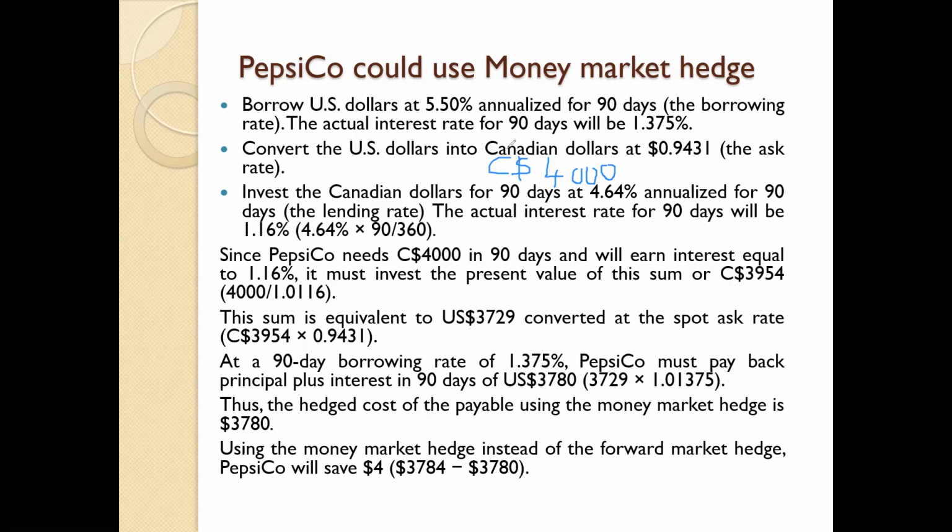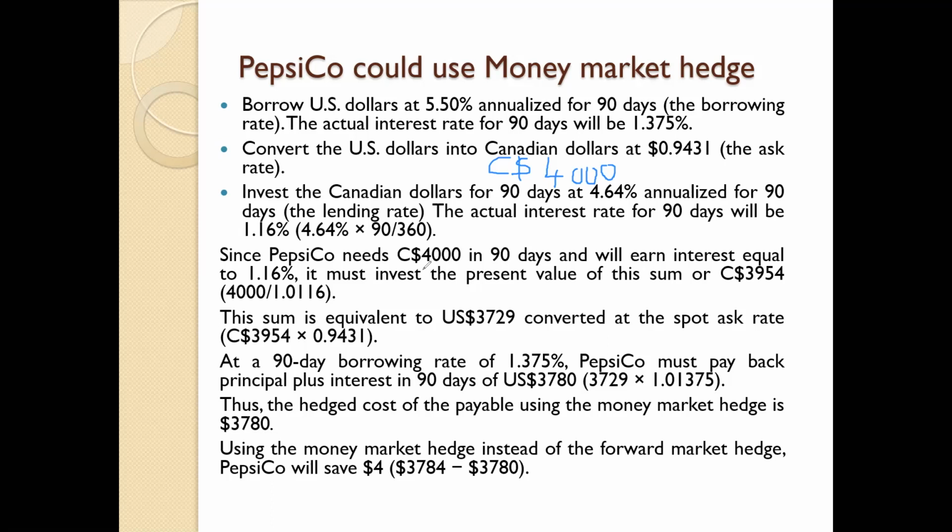Okay. So the ultimate amount that the trader needs to have in his hand is Canadian dollar 4,000. Now, if you want to get Canadian dollar 4,000 at the end, you invest into a Canadian dollar investment.